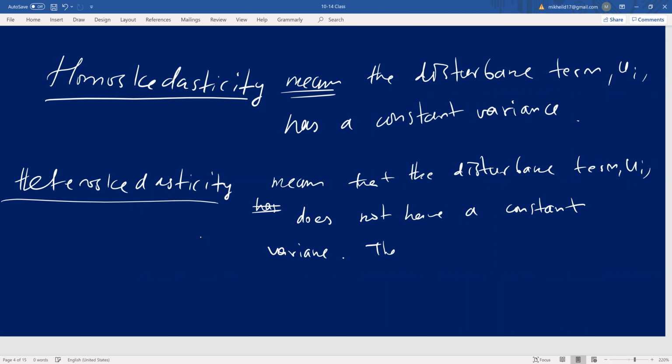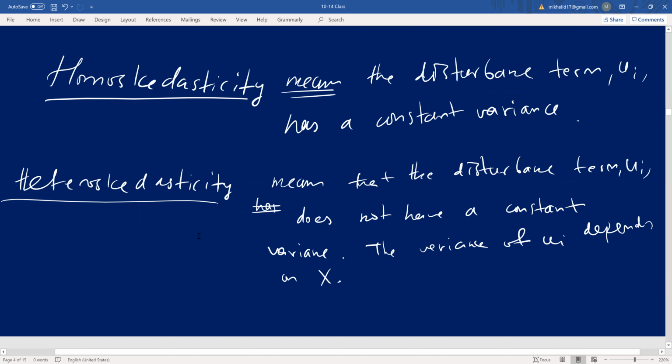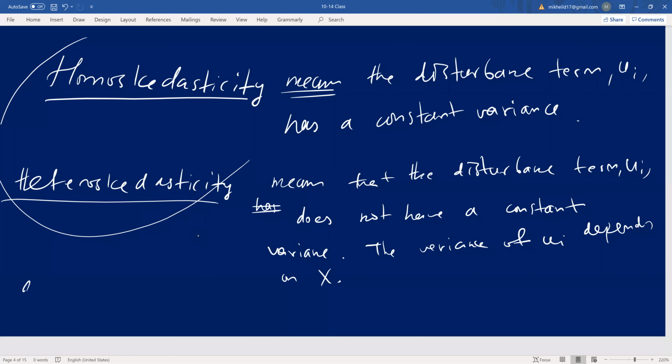The variance of UI depends on x, your independent variable. These are assumptions. Those are assumptions.